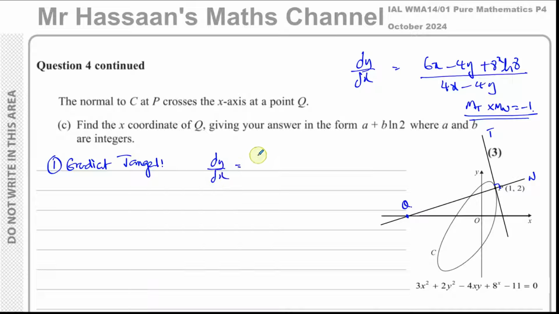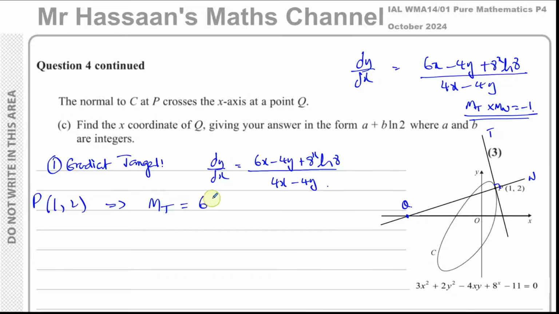So dy dx is equal to 6x minus 4y plus 8 to the power of x ln 8 over 4x minus 4y. So we can put the point 1, 2. That's the point P. We were given its coordinates as 1, 2. We can put those values into the gradient function, and that will be the gradient of the tangent.